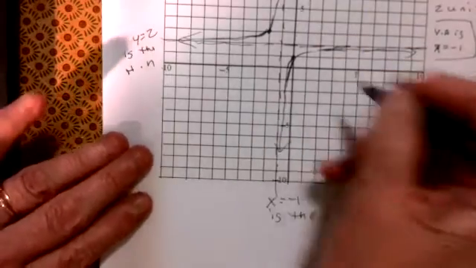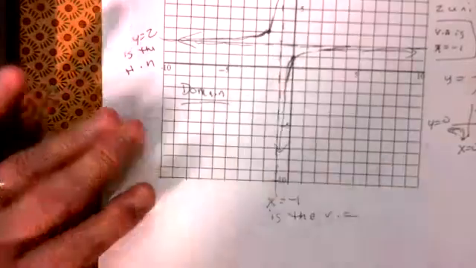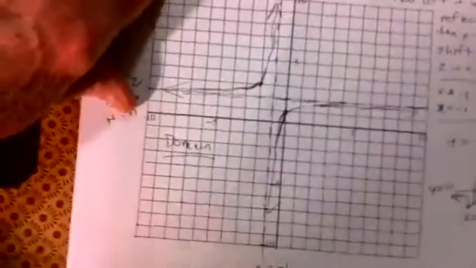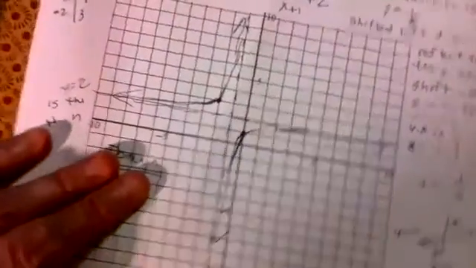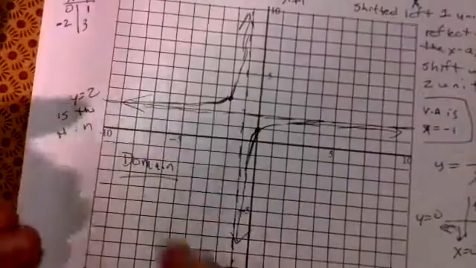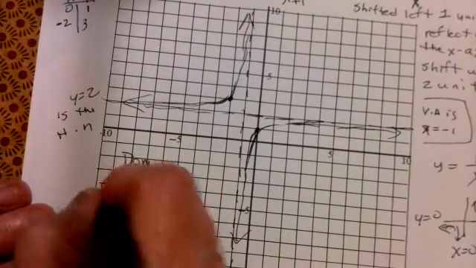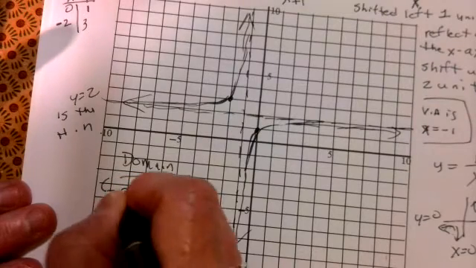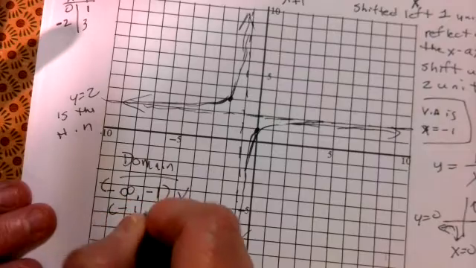Now, the domain for this function. What are the values of x? What can x be? Well, x can be everything except for the vertical asymptote, which was at negative 1. So the domain is going to be from negative infinity to negative 1, union with negative 1 to infinity.